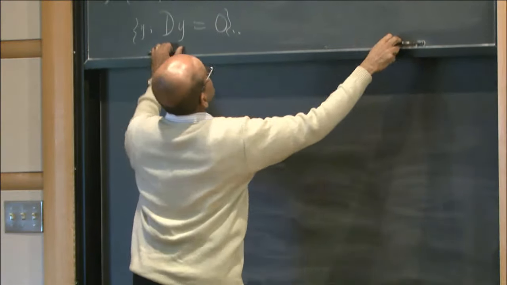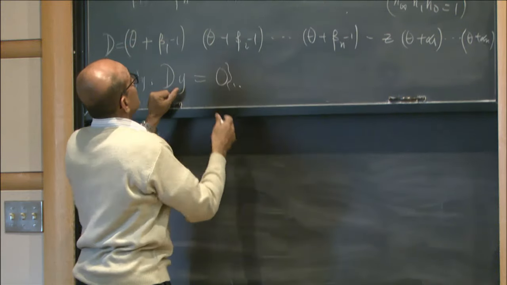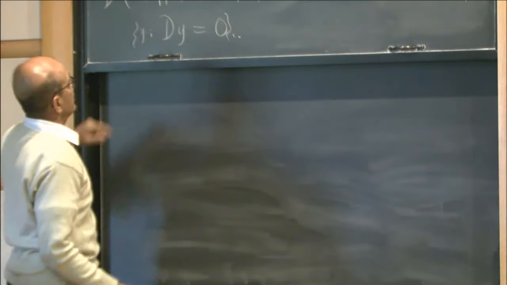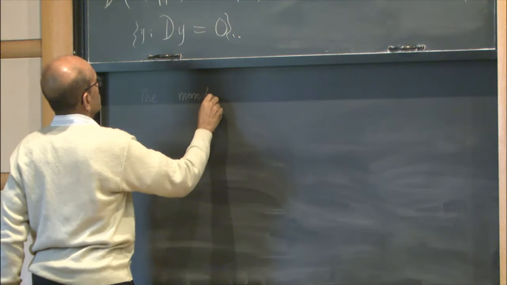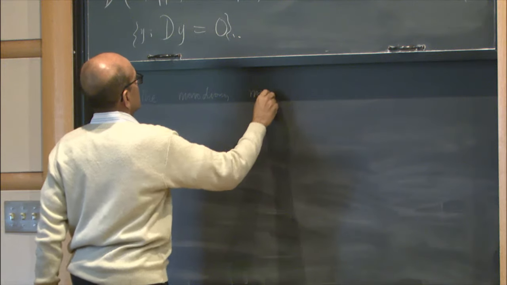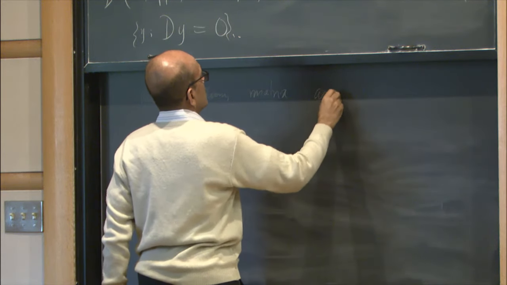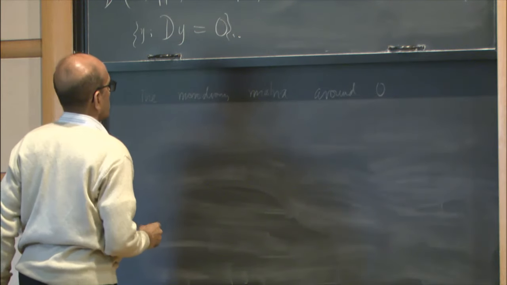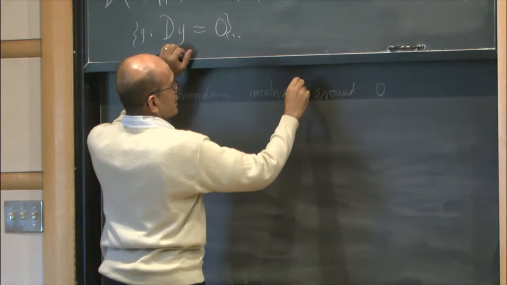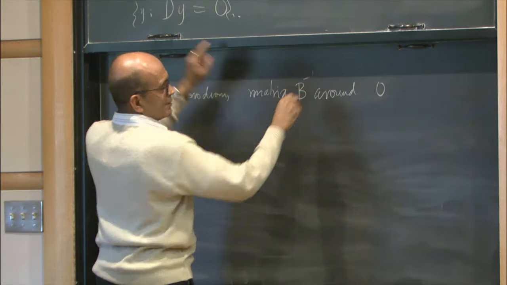So if I apply this general result about the punctured disk to this equation, but concentrating my attention on here, the matrix around 0, so call this matrix B inverse.